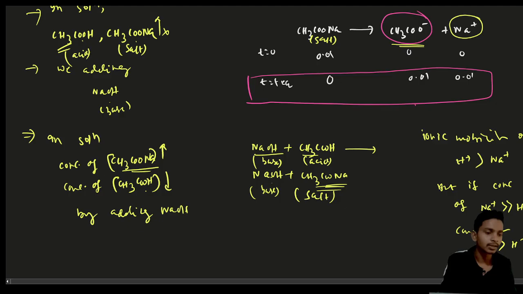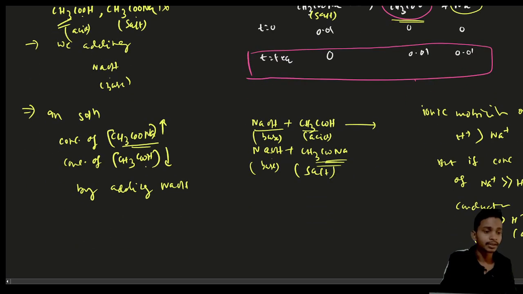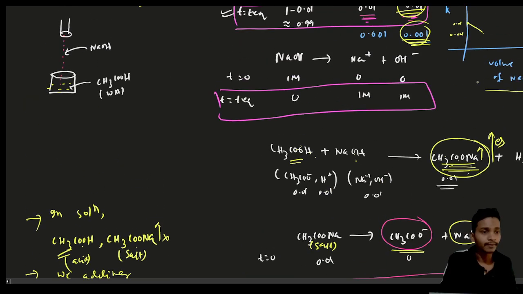This dissociation constant decreases due to the common ion effect, so the H+ concentration decreases more and more whenever you are adding more and more NaOH. Since the Na+ concentration increases, conductance is high, so this graph will shift like this.